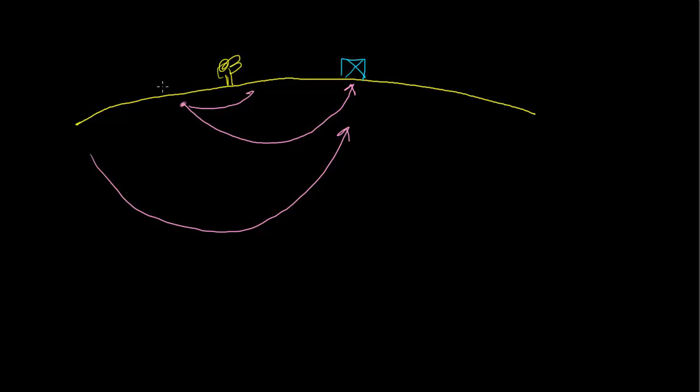So for example, they might find that the seismic waves going through this layer right here might have a velocity of, let's say, 4 kilometers per second. And those waves going through this deeper layer might be going 5 kilometers per second, etc.